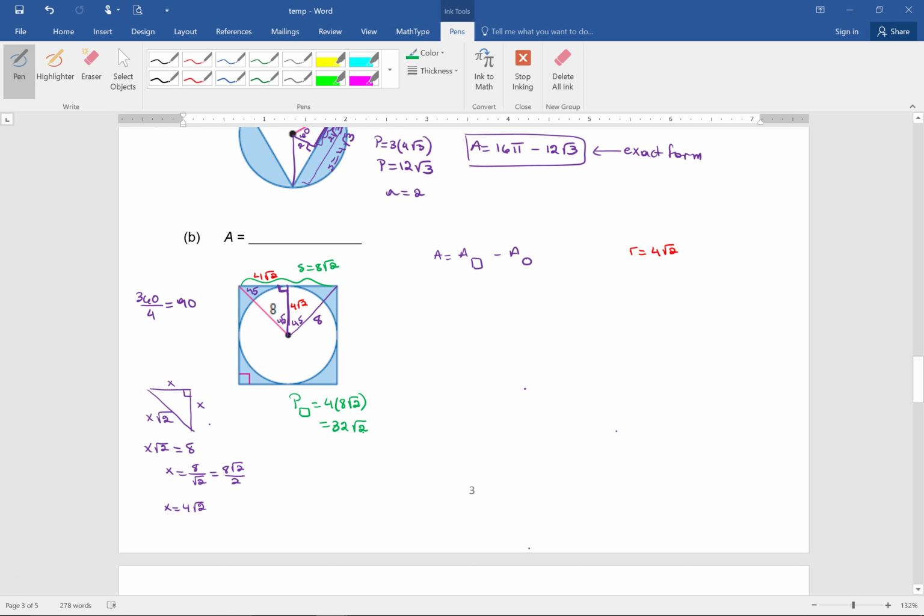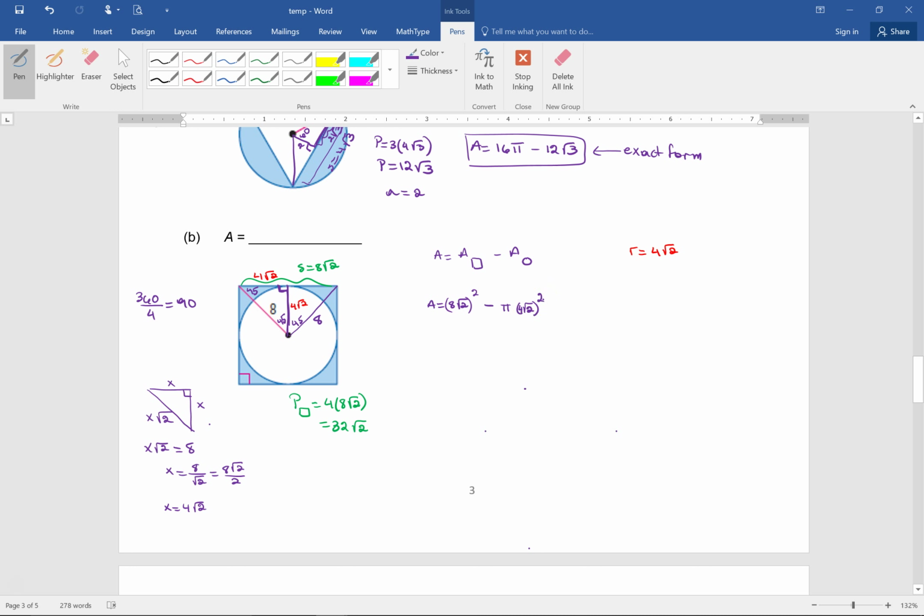Okay, do I need apothem for the area? No, right? Because this is a square, I could just do that times 8 root 2 squared. So now, let's do area. My area is the area of the square, which is 32. Oh, why did I even find perimeter? Did I need perimeter? No. It's 8 root 2 squared minus the area of the circle, pi times 4 root 2 squared.